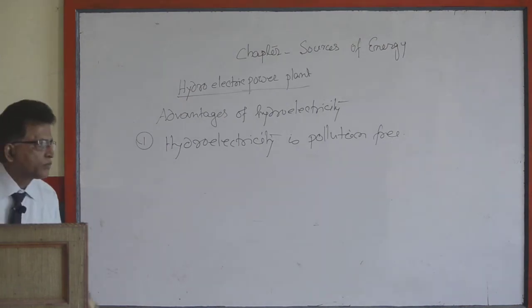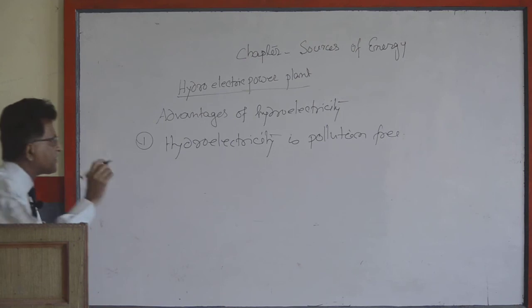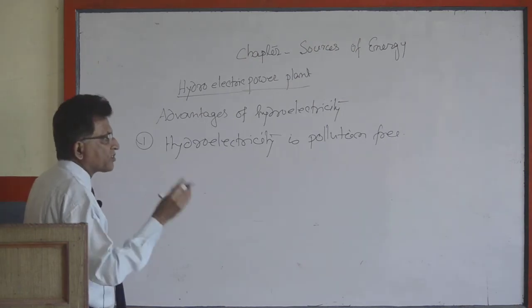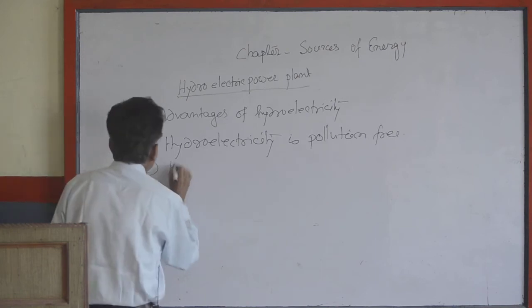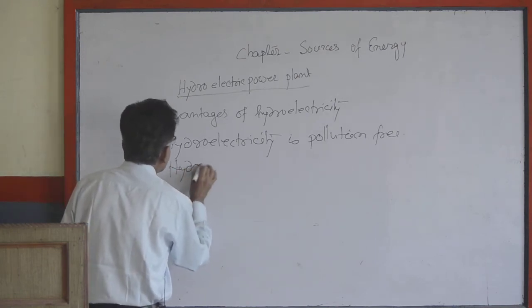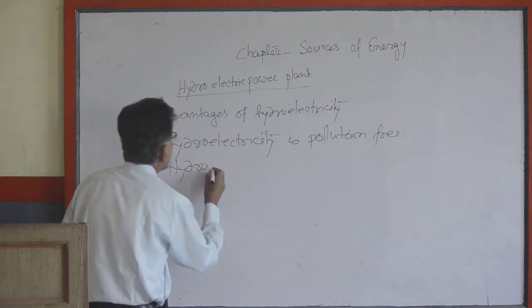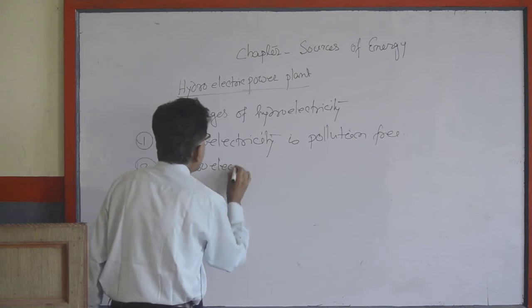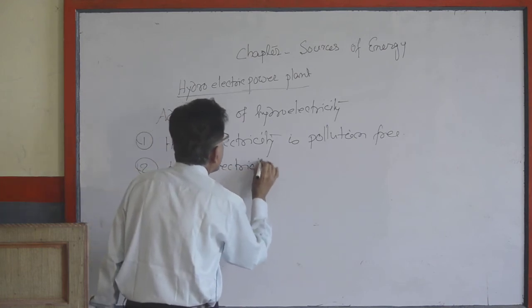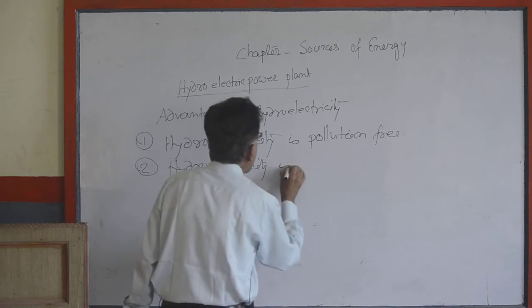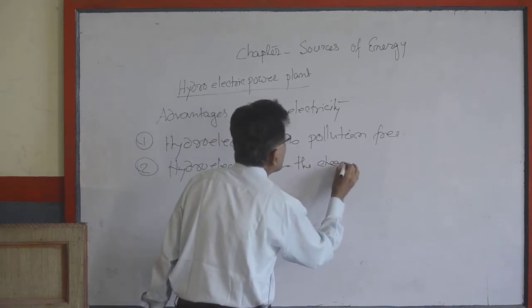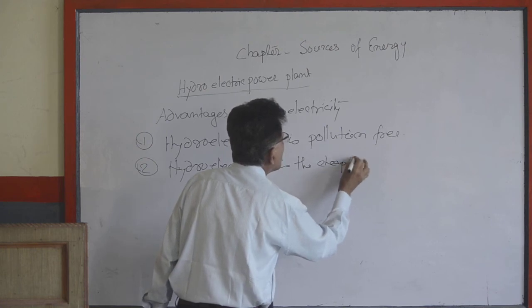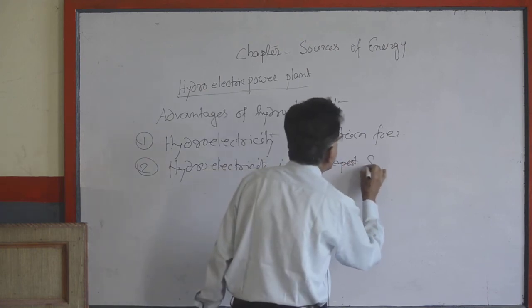Number 2, hydroelectricity is the cheapest source of energy.